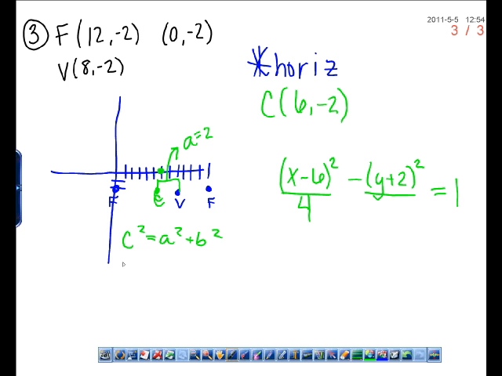C is 6, so C squared is 36. Equals 4 plus B squared. So what is B squared? 32. Questions on that?